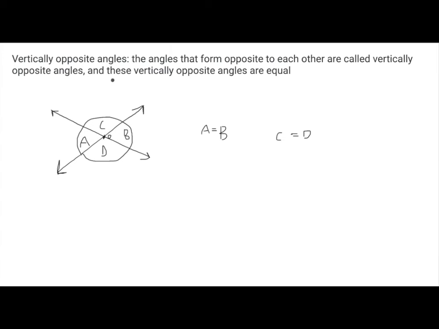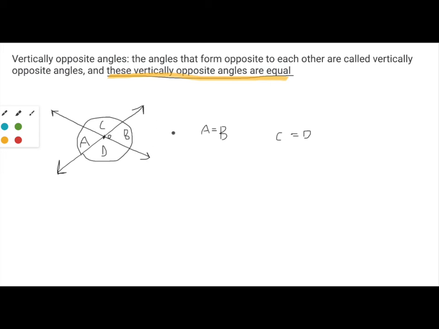And we know that these vertically opposite angles are equal. And this will be an extremely useful property when solving angle laws problems.